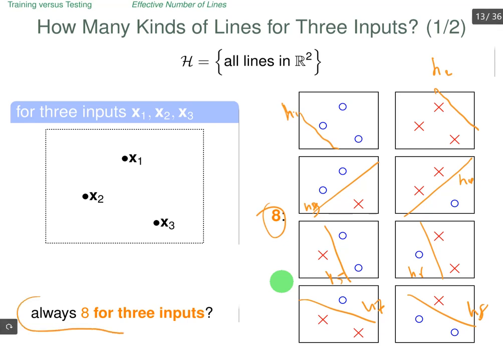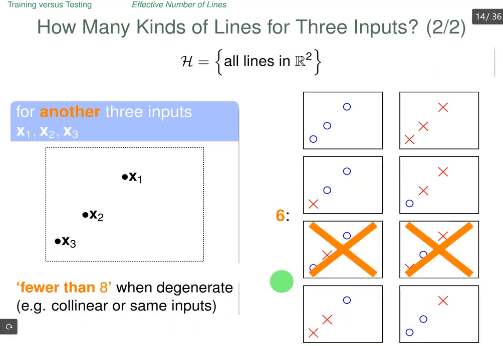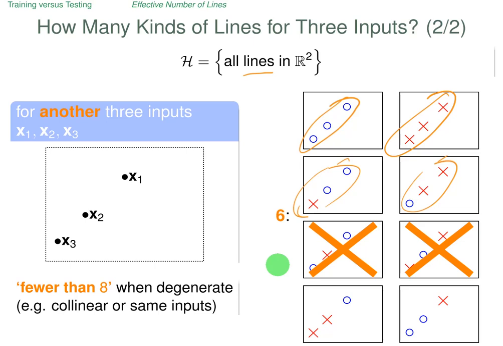But is it always 8 for 3 inputs? No. It depends on the orientation, on the location of the points. For example, if we have collinear inputs oriented in this form, some of the lines, okay, we're talking about a hypothesis of linear perceptrons, will not be able to provide these kinds of labels, okay?